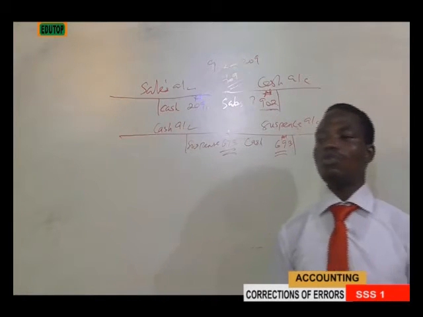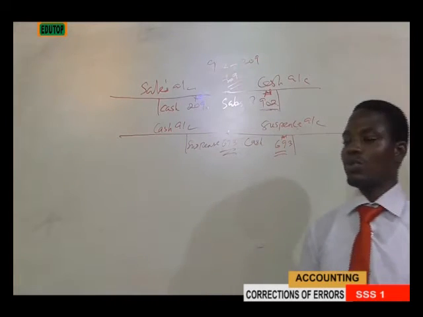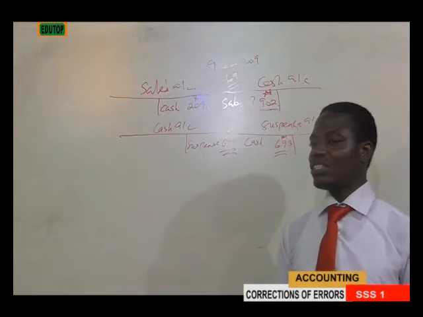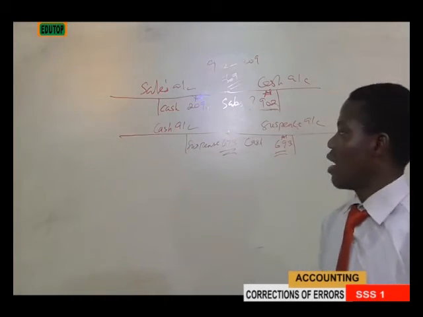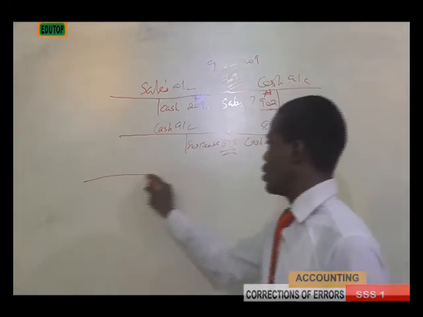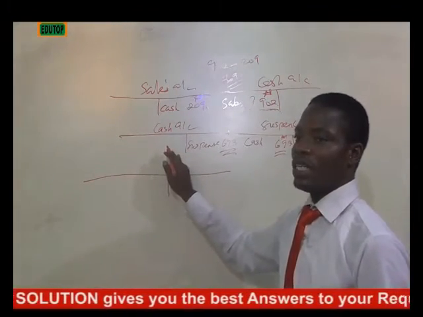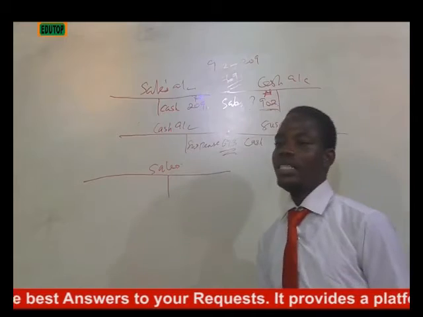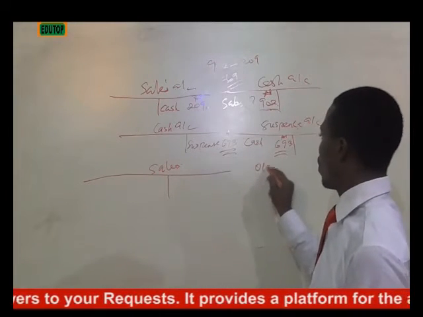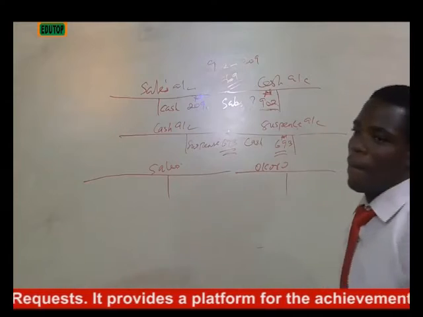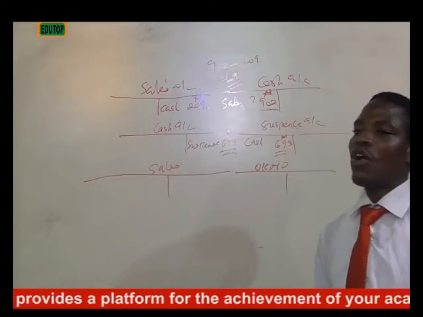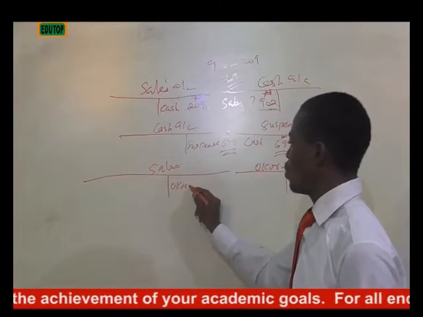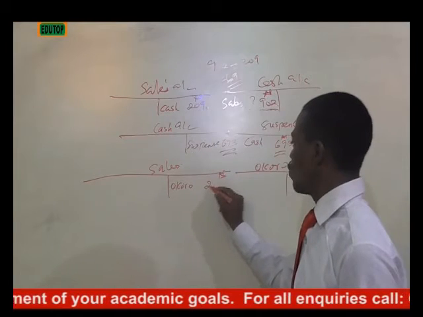Now, for example, a sale of goods to Okoro has been correctly recorded in the sales book as 240, but had been debited to his account as 24 naira. Now, these are the errors. The sales of goods to Okoro has been correctly recorded in the sales book as 240.